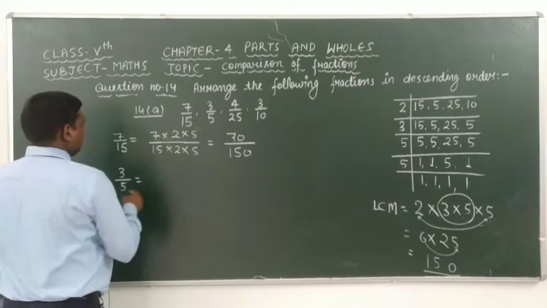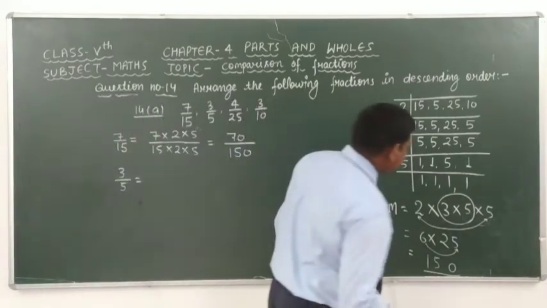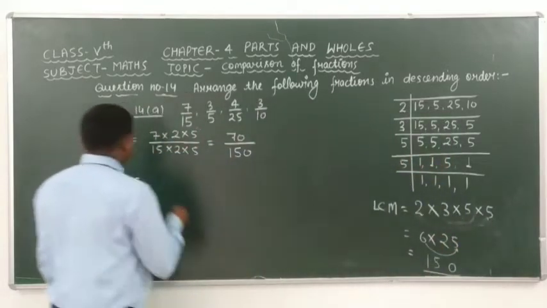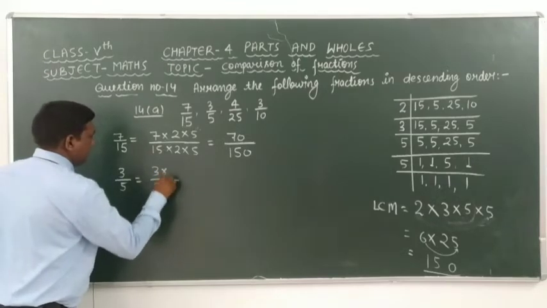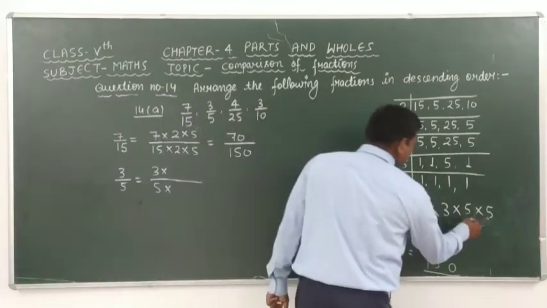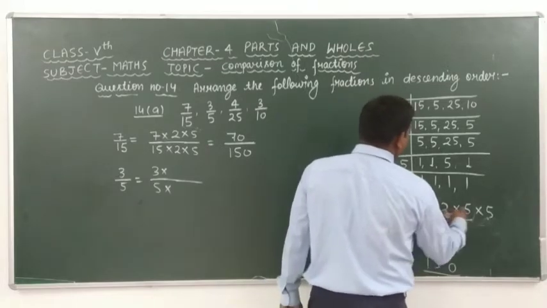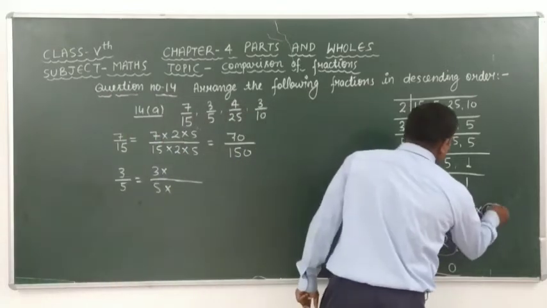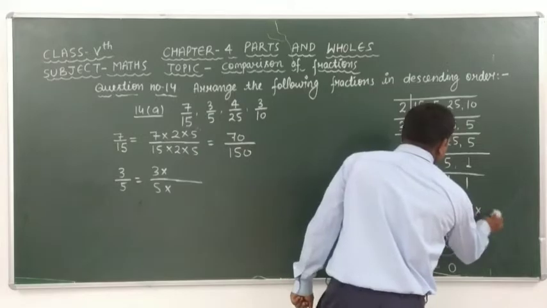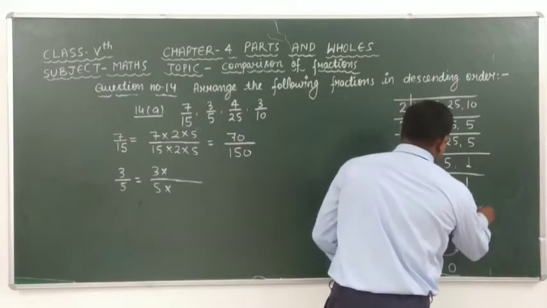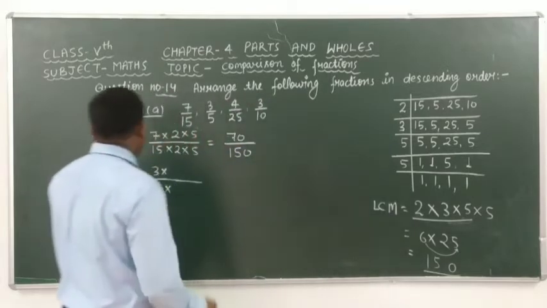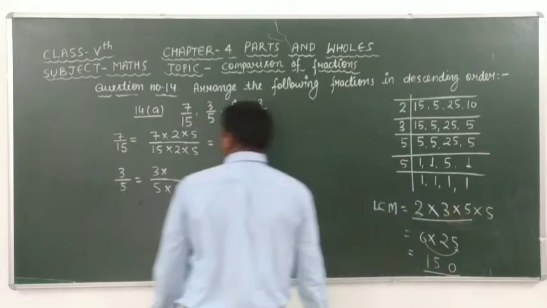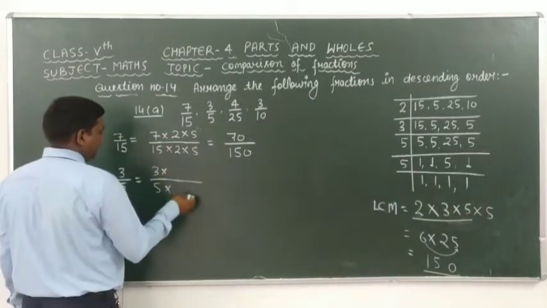In this question the denominator is 5, therefore here we have to multiply the numerator and denominator by 2 into 3 into 5 for getting the same denominators.